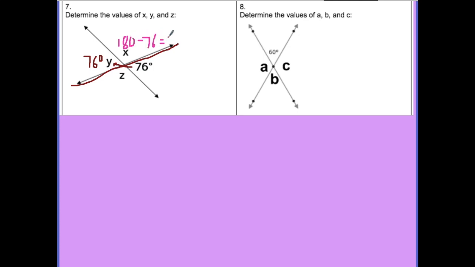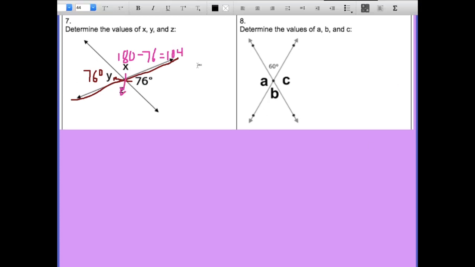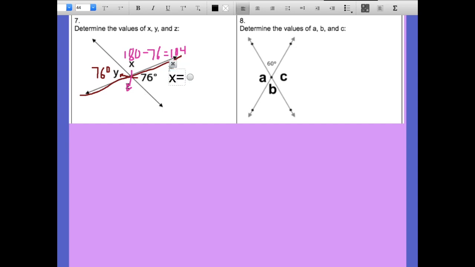All right, so we get 104, and we'll clean that up. We'll write that so it looks neater, but that's going to be the same here for z. That's also 104. So we'll go ahead and write x equals 104 degrees, y equals 76 degrees, z equals 104 degrees.